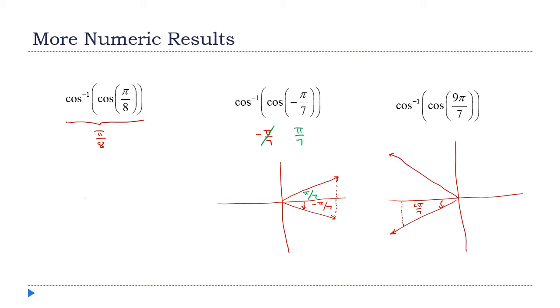So if I draw that here, bring this up, this is going to be 2 pi over 7. But that's not the actual angle, right? If I look at the initial side and terminal side, I need this angle here. Well, that angle is 5 pi over 7. That's going to be my final result.